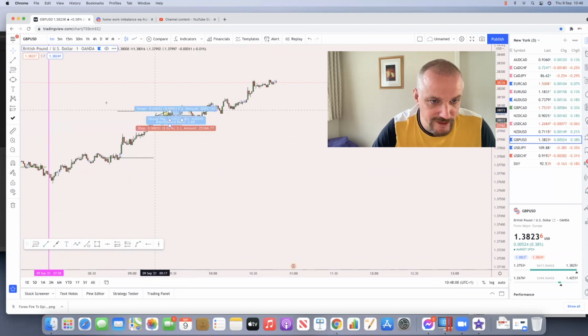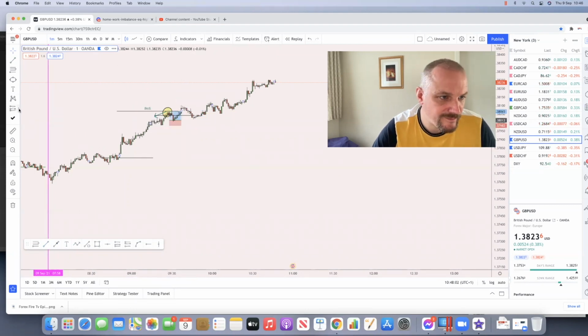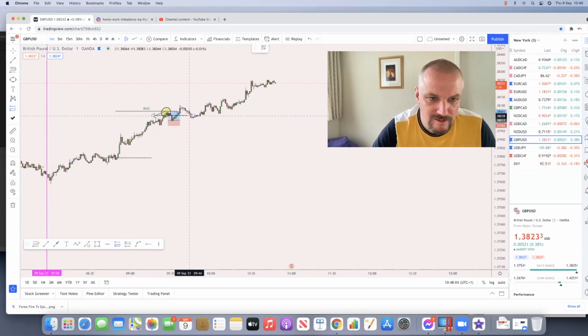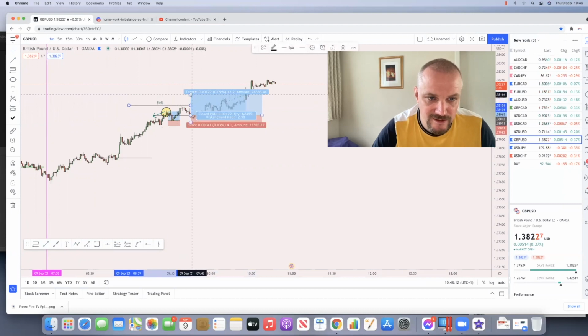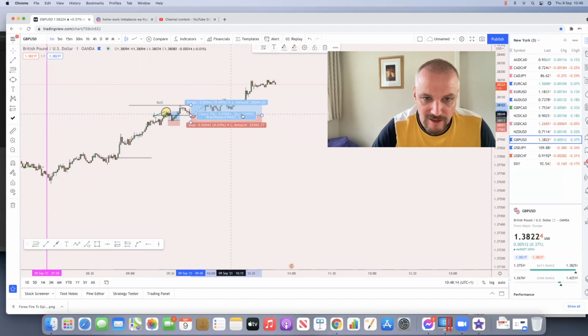You've got the entry. That's your stop. Your TP is going to be that area there, because that's where the break of structure happened. Risk to reward of nearly 1.5.